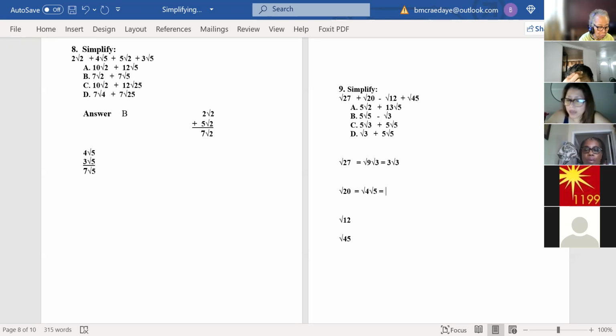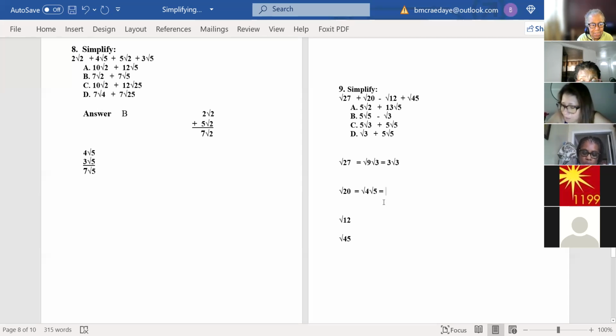2. Can we put it as the square root of 5 first and then the 4, or does it matter? It doesn't matter. The reason I did it this way, Chastity, is that remember, the one that has a perfect square root is going to be the coefficient, so I put it first. You could put the square root of 5 times the square root of 4, but then I'd have to do the parentheses.